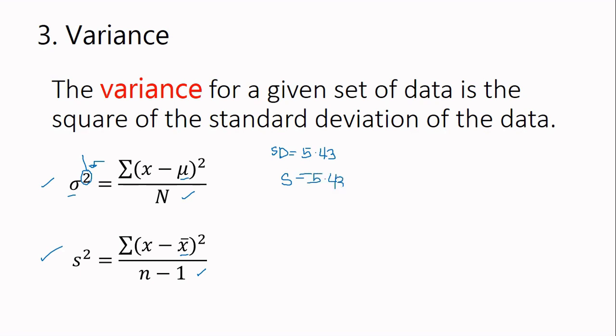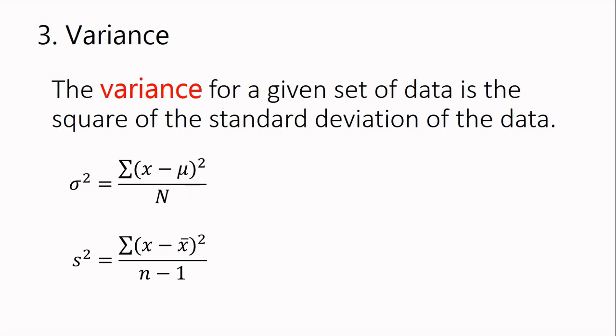For the variance, we just square it. So s squared would give us 29.48. So that's your variance.